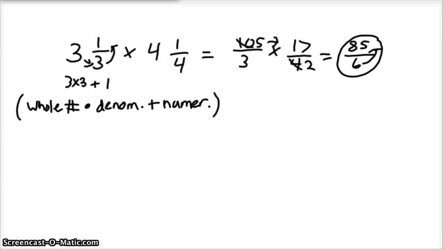Let me pull out a calculator real quick. 85 divided by 6 equals 14.1. So our whole number is going to be 14.